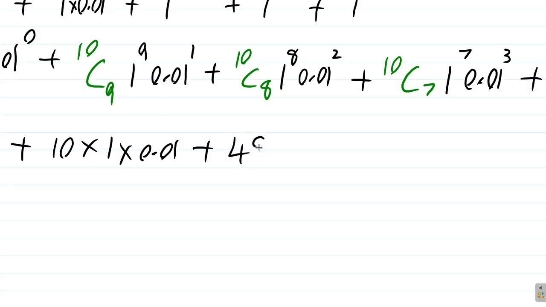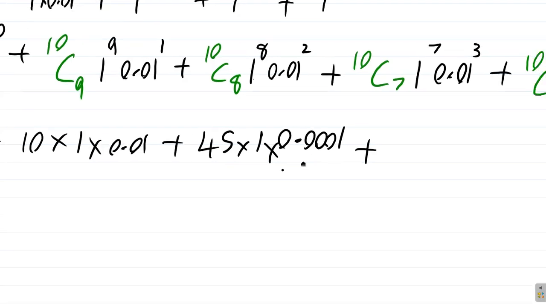So I have 45 times 1 to the 8 is 1 times 0.01 squared, and that is 0.0001, 3 zeros and 1.